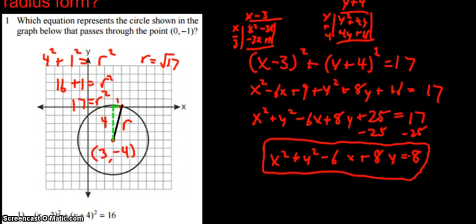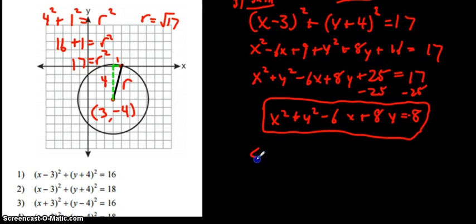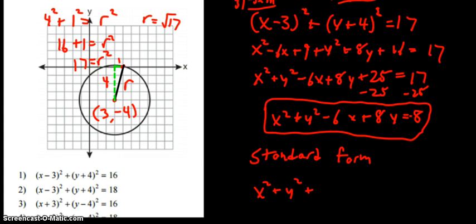If we had to write that down, standard form would be, let's revise this slightly, ax squared plus ay squared plus bx plus cy equals d.